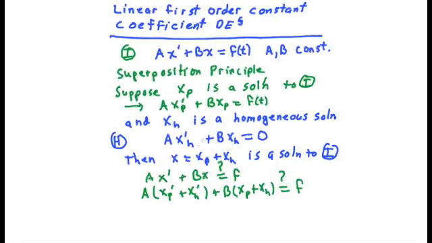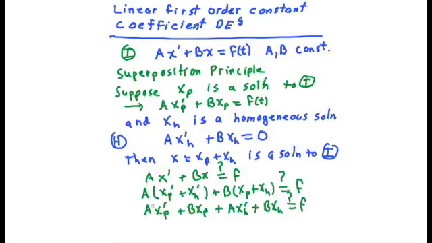Well, let's pull this apart. I have an a times xp prime plus a b times xp. I also have an a times xh prime from over here on the left, and a b times xh. And we're still hoping that that's going to be f.